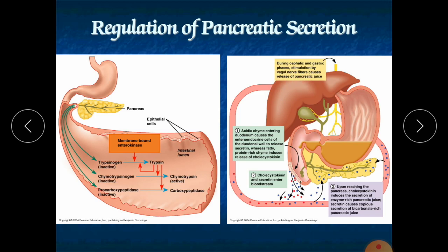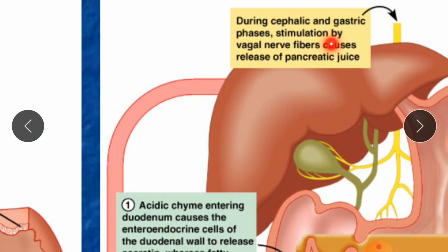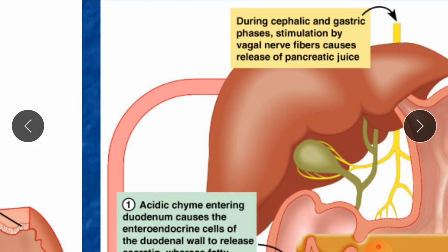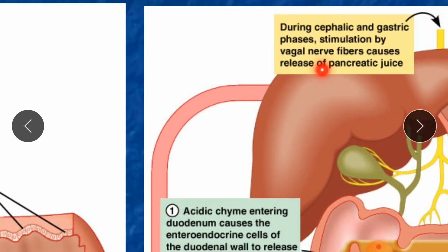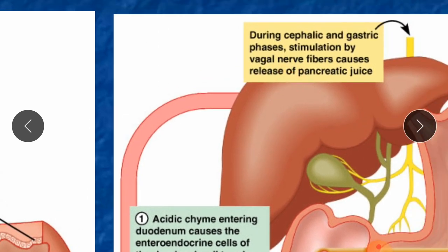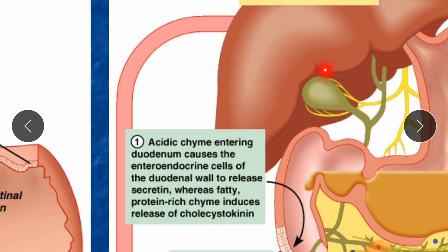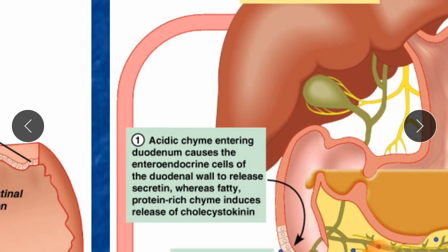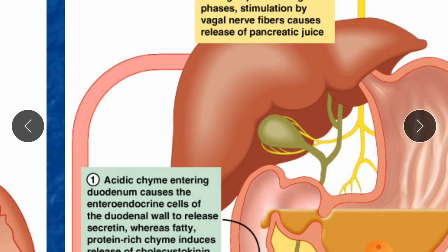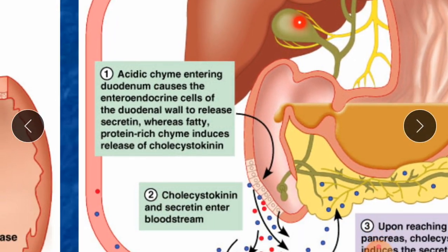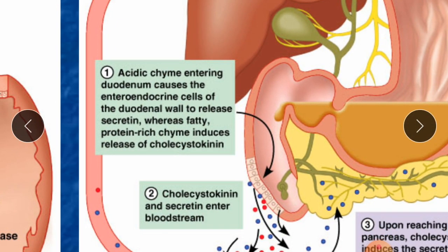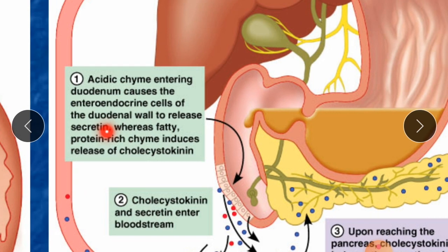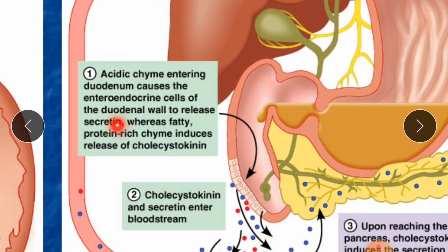So here also you can see, during the cephalic and gastric phases, stimulation by vagal nerve fibers causes release of pancreatic juice. The vagus nerve is the 10th cranial nerve, responsible for secretion of gastric juice. The acidic chyme entering the duodenum causes the enteroendocrine cells of the duodenal wall to release secretin and cholecystokinin.